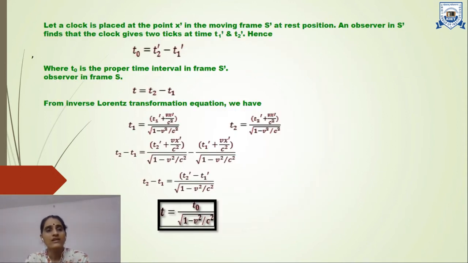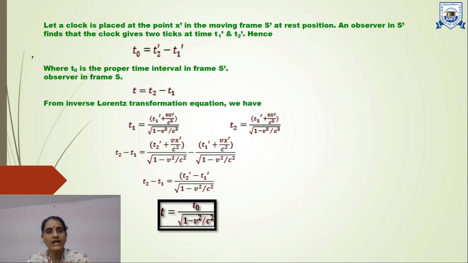That is, a clock is placed at a position x dash and an observer in S dash finds that the clock gives two ticks at times t1 dash and t2 dash. The frame in which the event occurs, there the observer observes the proper time.